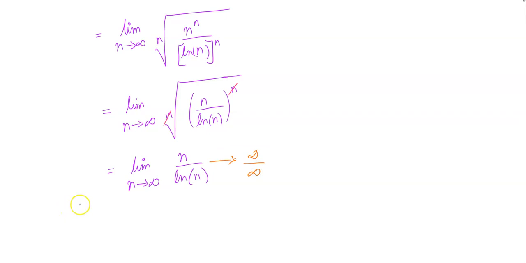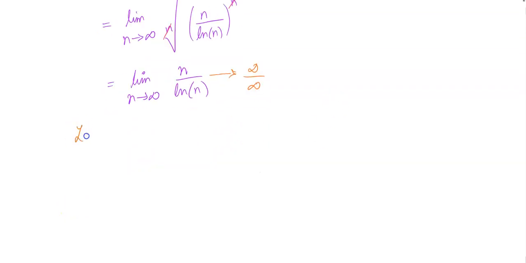So we use L'Hopital's rule, which allows you to take the derivative of the numerator over the derivative of the denominator. The derivative of the numerator, n, is 1, and the derivative of the denominator, ln n, will be 1 over n.